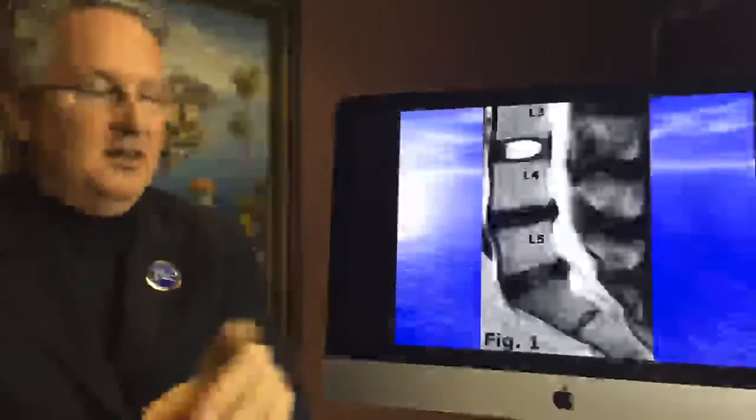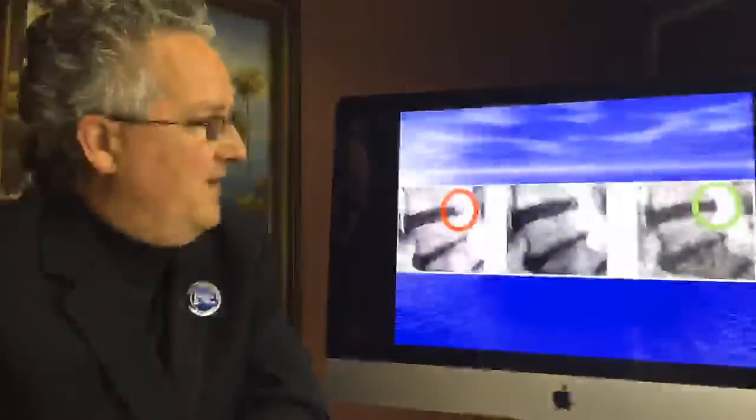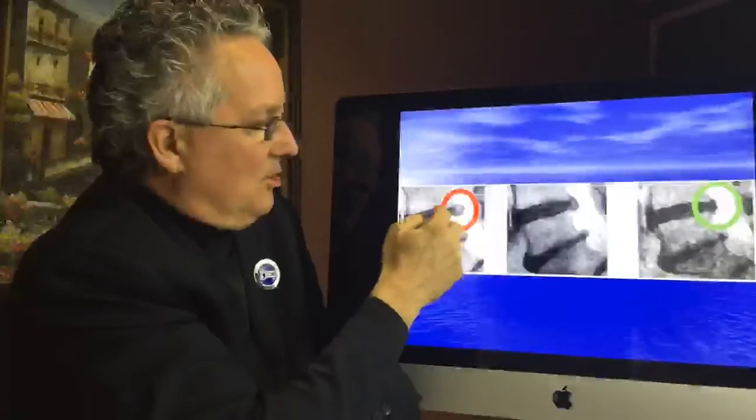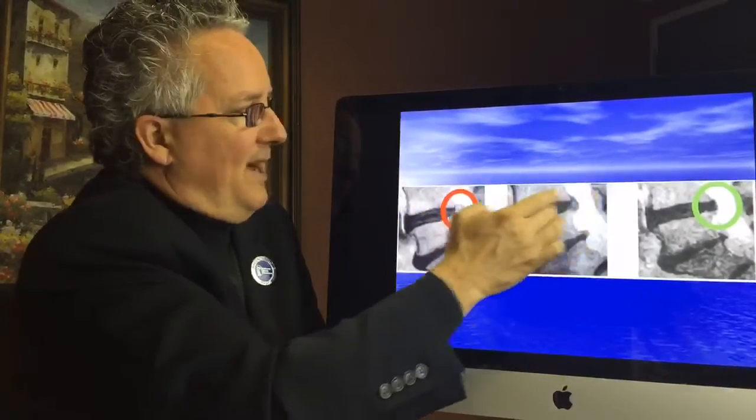Now we have the ability to treat both these problems. If you have a bulging disc and or a herniated disc, we have the ability by having you take pressure off the disc. So we take pressure off the disc and we have you do exercise. There is no drugs and there is no surgery. It's sort of advanced physical therapy. We're really taking a lot of pressure off. So we can get that nuclear material to move back to the inside.